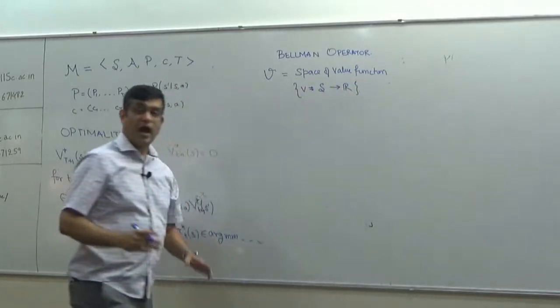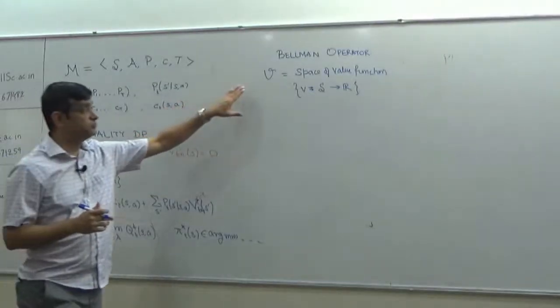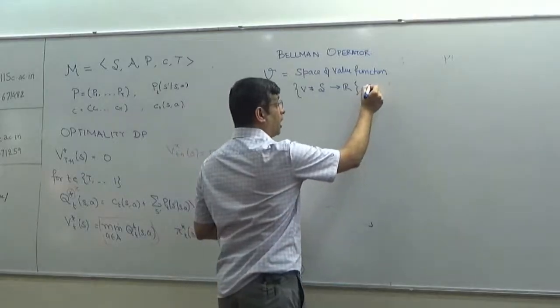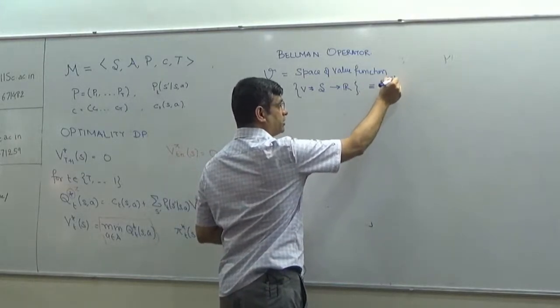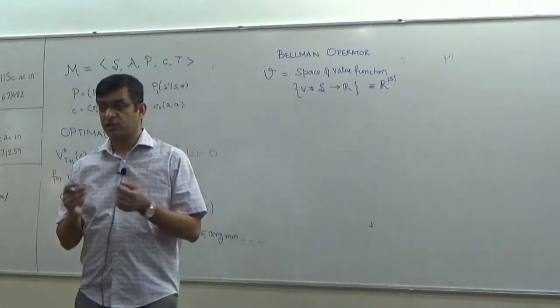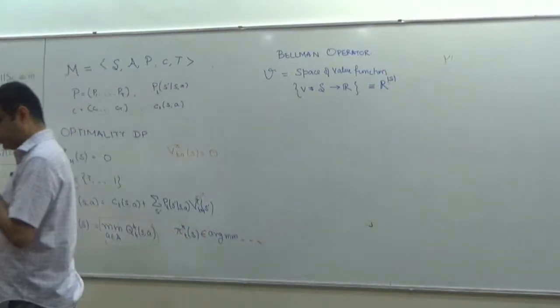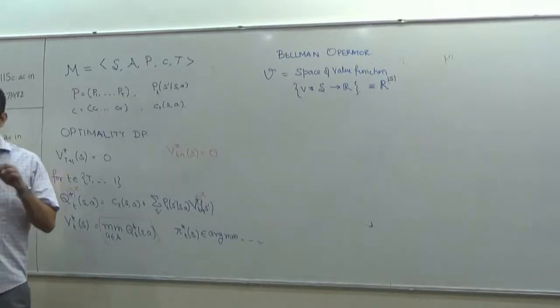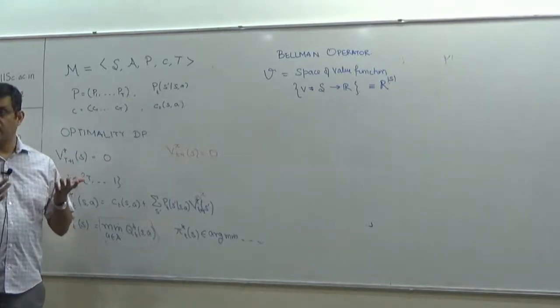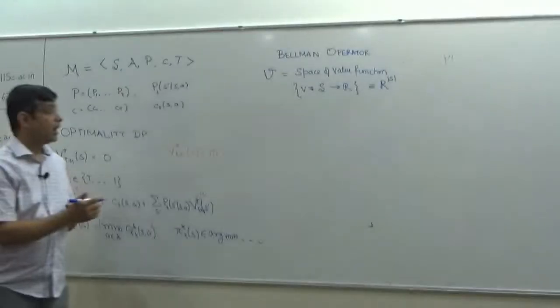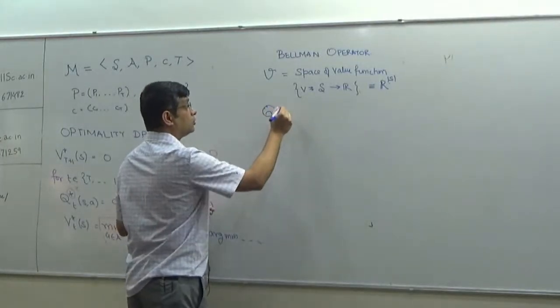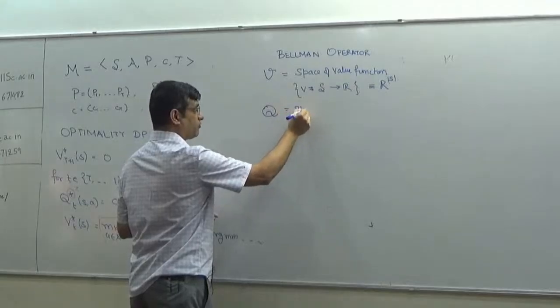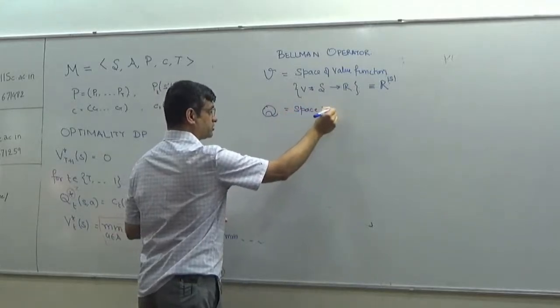When I am in a finite dimensional space, this space will be effectively equivalent to R to the S. Any function from a finite set of variables to something can be thought of as a vector in a Euclidean space. And I am going to use script Q to denote the space of Q functions.